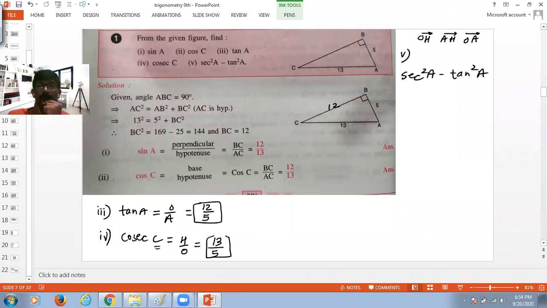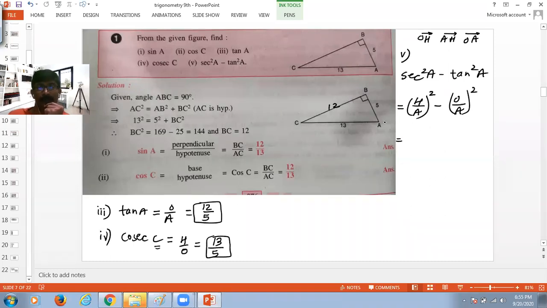And now the third subpart, I mean the fifth subpart: sec square A minus tan square A. So the first step is writing the formula. Sec would be the reciprocal of cos, so that will become H upon A, the whole square, minus tan, which would be opposite upon adjacent, squared, and both are with respect to angle A. So what is angle A?